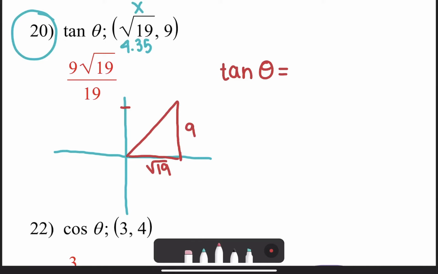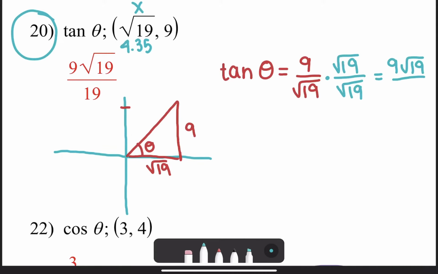It's just opposite over adjacent, so it's just 9 over square root of 19. Now we're just going to rationalize by multiplying by the square root in the denominator, and then we get 9 square root of 19 over 19. Because remember, a square root times itself is just that thing on the inside. So there's our final answer.